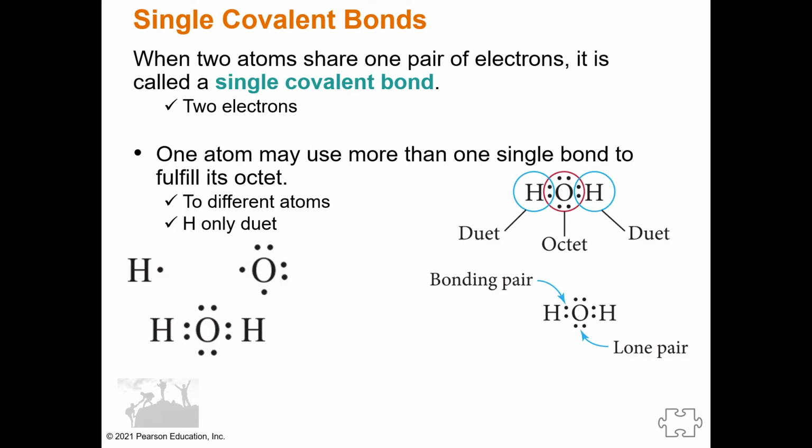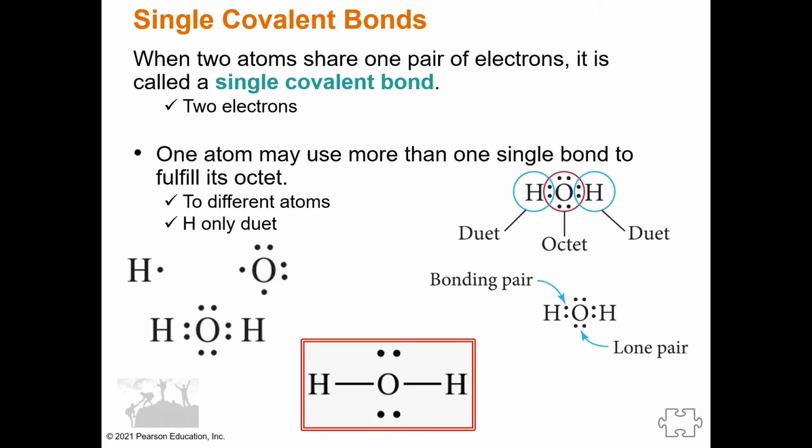If there is one bonding pair between 2 atoms, then we call that pair a single covalent bond. Now when we see that, we have to remember that there are 2 electrons in that bond. So again, looking at water, H2O, we see that there are 2 bonding pairs.